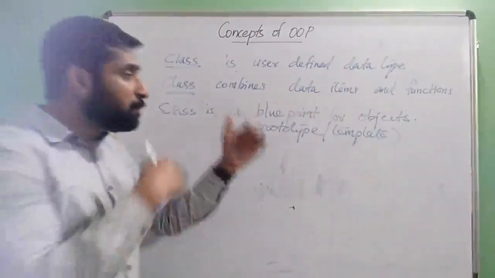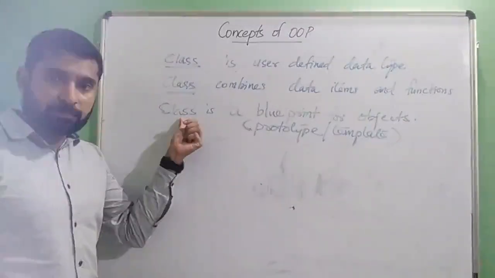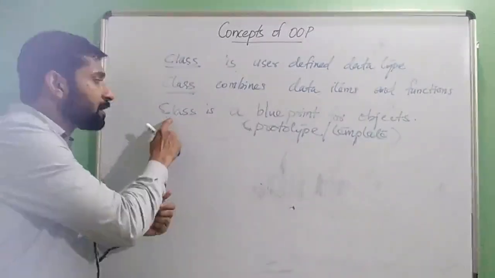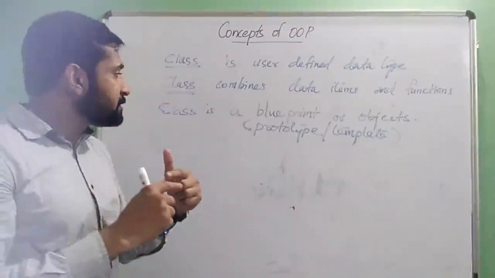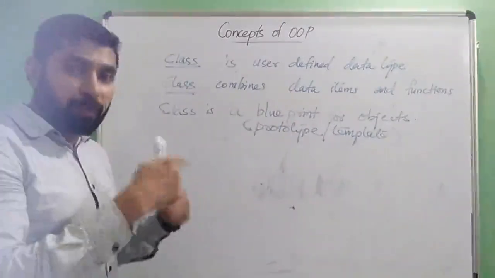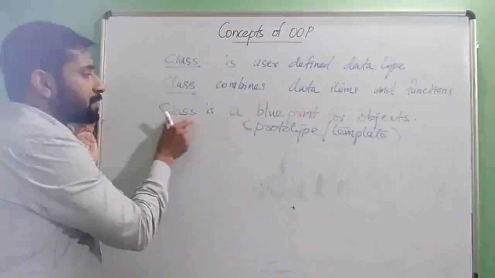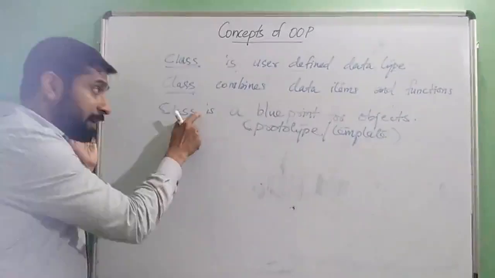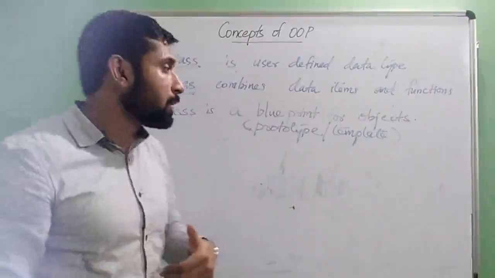It means we make objects of this type. We make objects of a class. So an object is made from this class. Class defines how an object should look like.